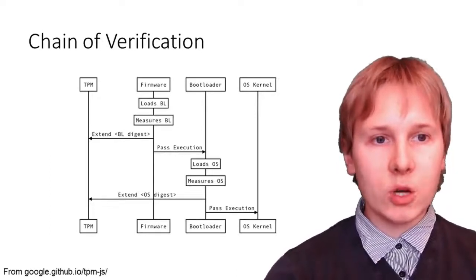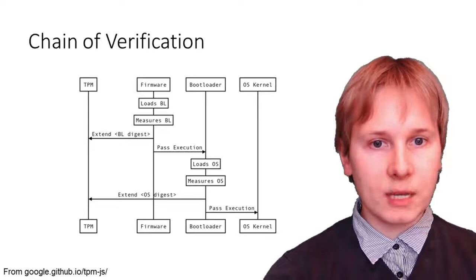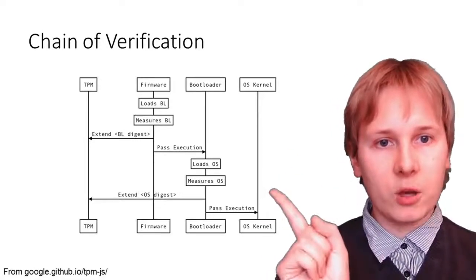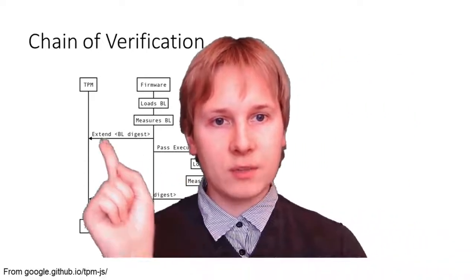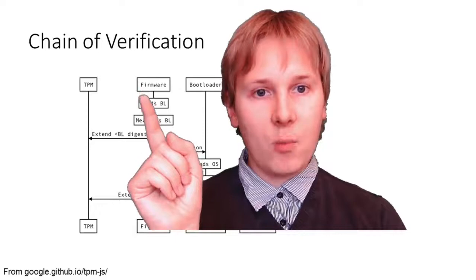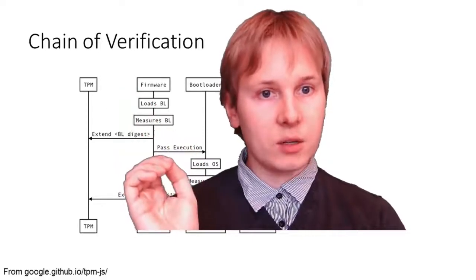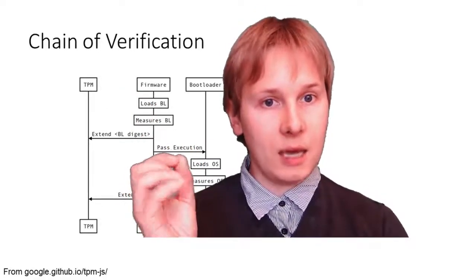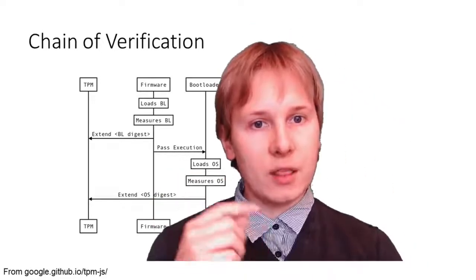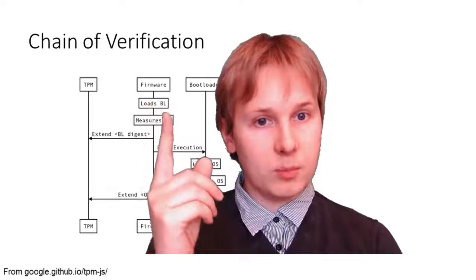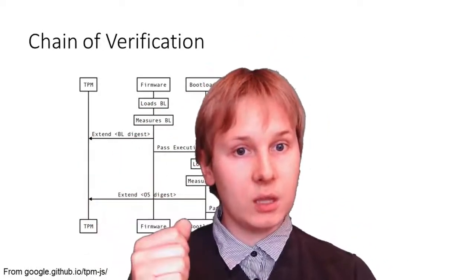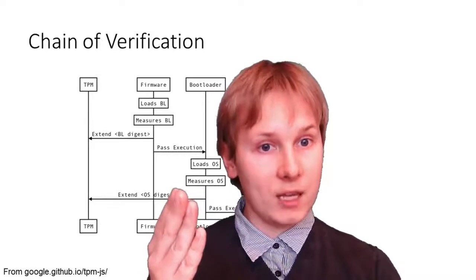And what you do is you use this for a secure boot process, like the thing that we've got on screen. So you start off with your TPM over on the left, and what that does is that the firmware is loaded and tested against the known key of the firmware, i.e. you attest that's what it is. If it matches, then the firmware loads the bootloader, measures the bootloader, sends a message to the TPM to store that and evaluate it.